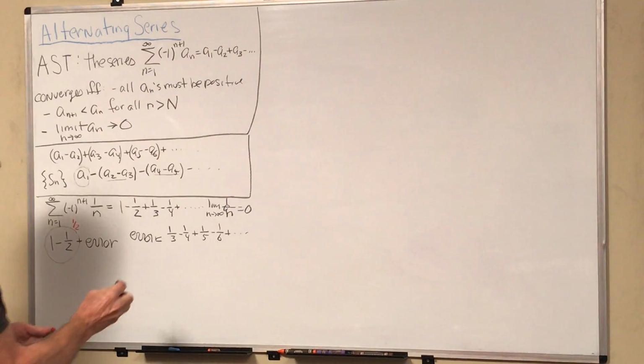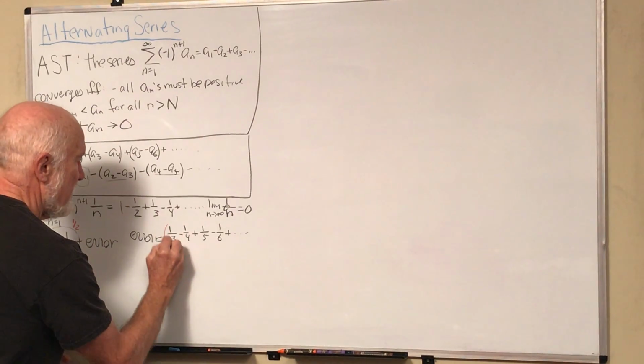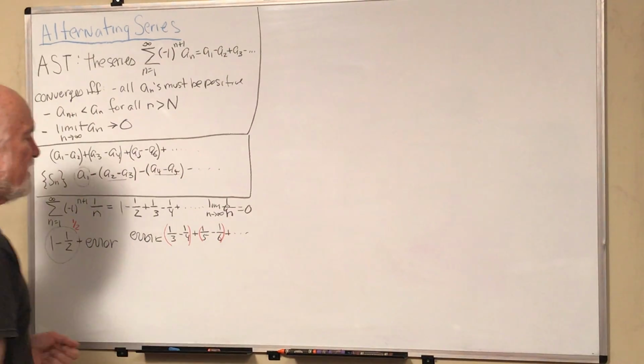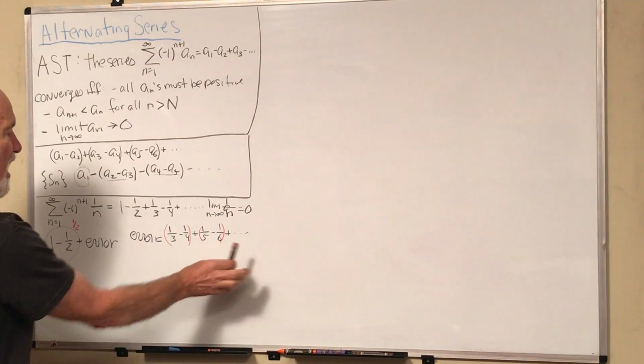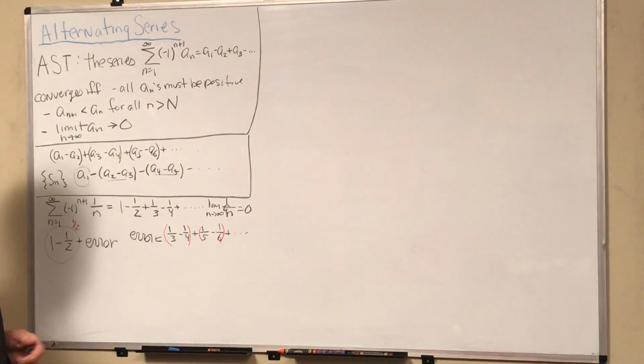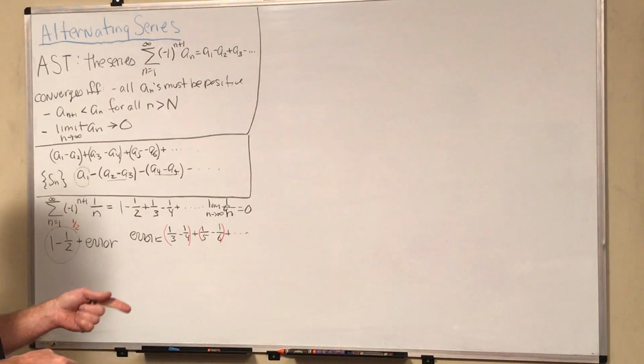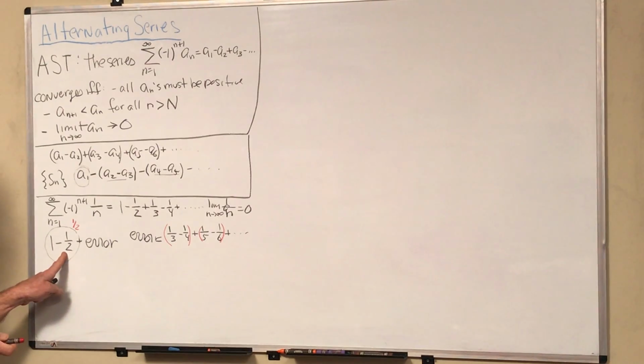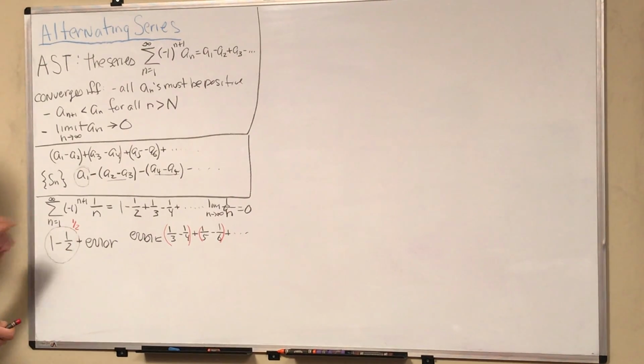But again, if we pair things up, if I pair 1/3 minus 1/4, 1/5 minus 1/6, all of these terms are positive, which means our error is positive. So our answer is too small. We know our answer has to be bigger than 1/2.